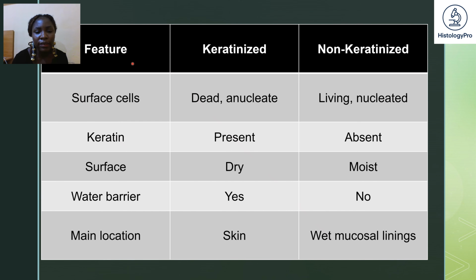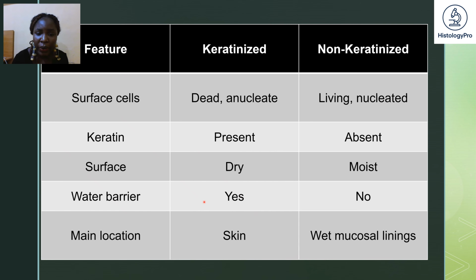Now we will look at the differences between the keratinized and non-keratinized stratified squamous epithelium. Looking at the surface cells, the keratinized type is made up of dead cells, while the non-keratinized type is made of living cells. Keratin is present in keratinized squamous epithelium, and absent in non-keratinized. The surface is dry in keratinized and moist in non-keratinized.